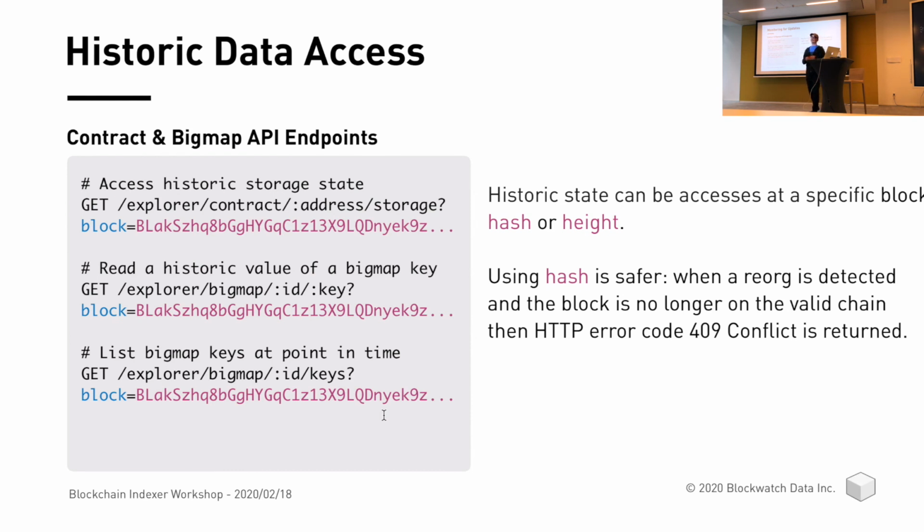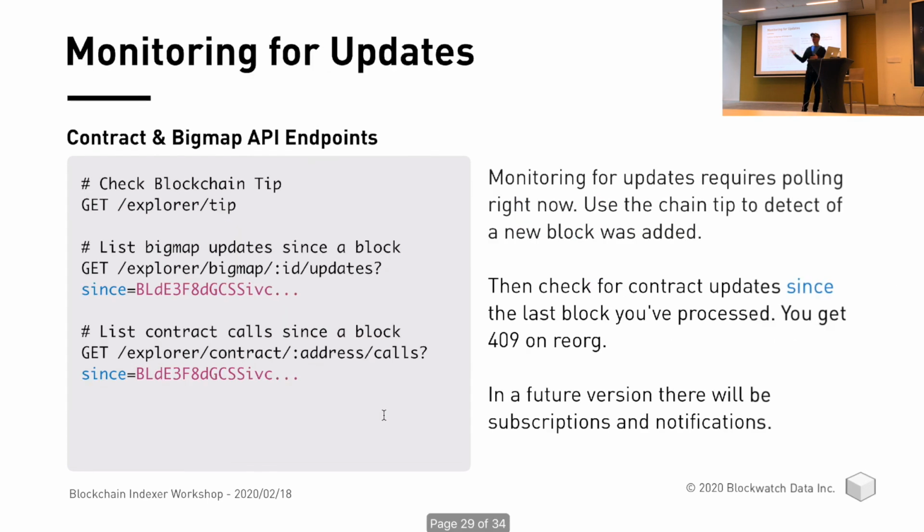And then, when you do the next call, you can use this last hash as a since parameter to these endpoints. No matter if you list operations that are happening on your contracts or updates on big maps, they all support the since parameter. This filters out all the new updates that happened after the last time you've seen an update.